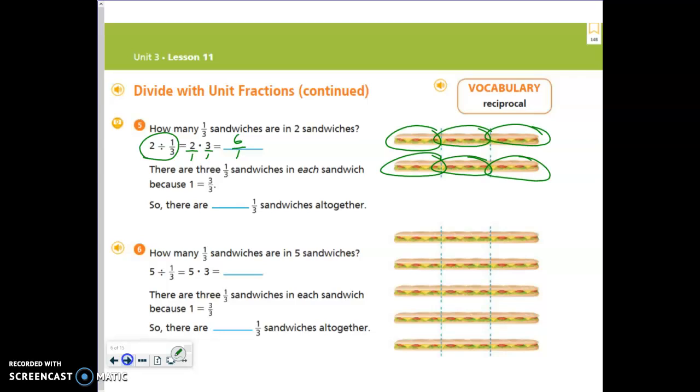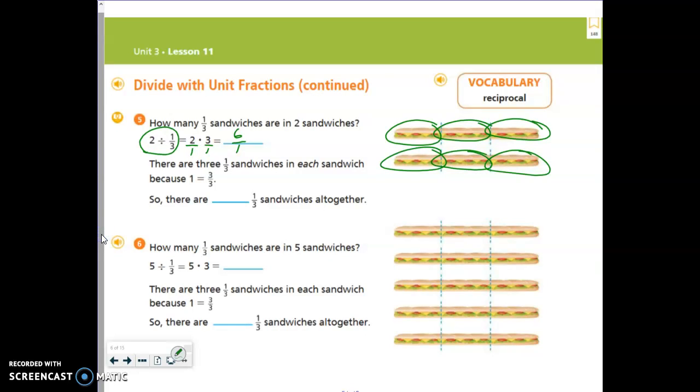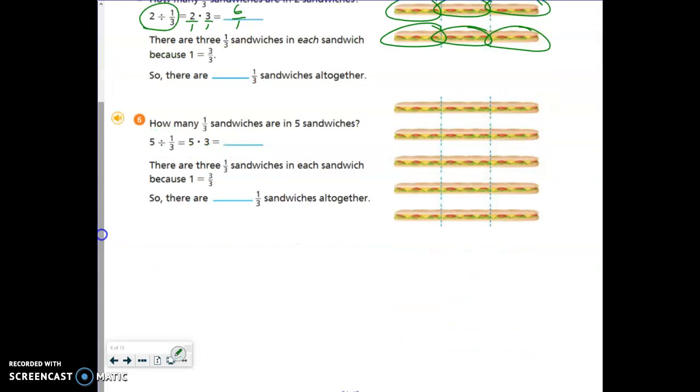But you can see now, guys, how the order is extremely important. If I have a whole number in front and I'm dividing by a fraction, my number is actually going to get larger. I'm going to figure out that I have more pieces than I started with before. I only had 2 sandwiches before. Now I've got 6 pieces of sandwich after that. So in this case, there are 6 1/3 pieces of sandwiches together.